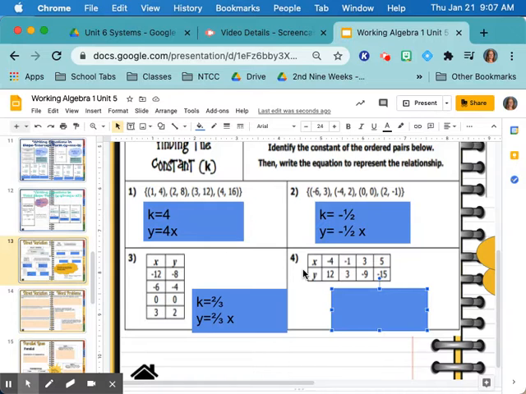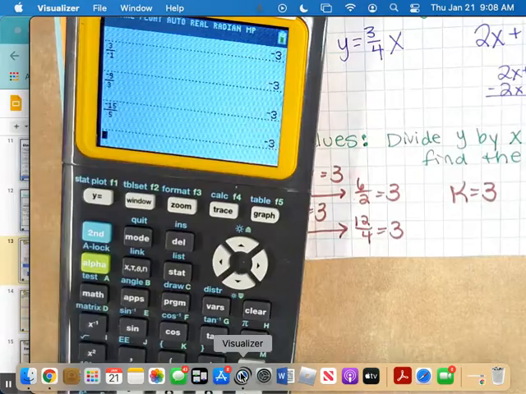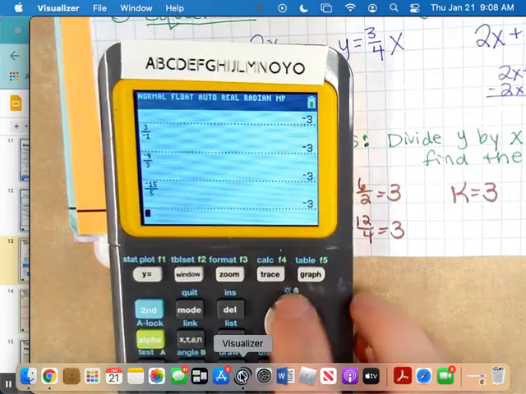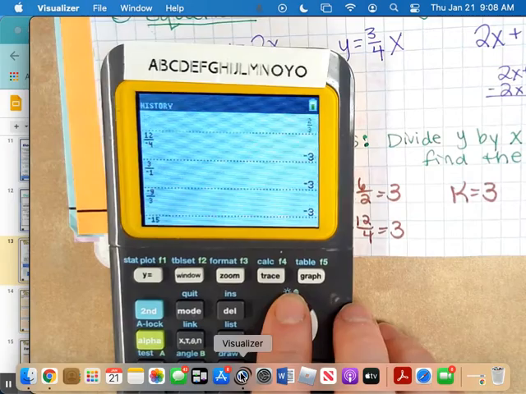Remember, it's Y over X. Whenever you divide, I divided all of mine here.